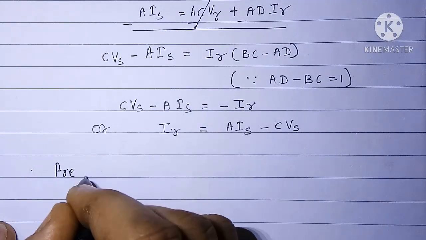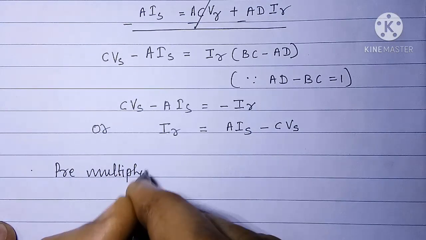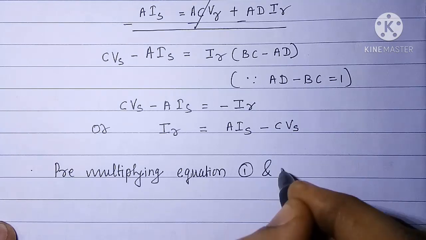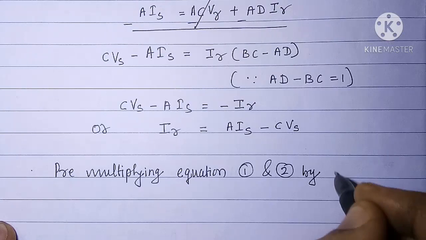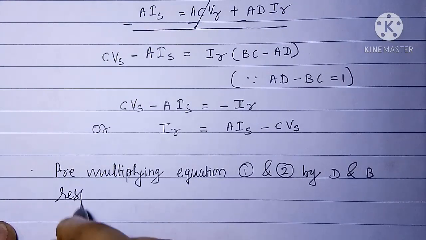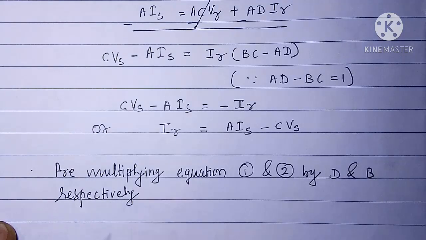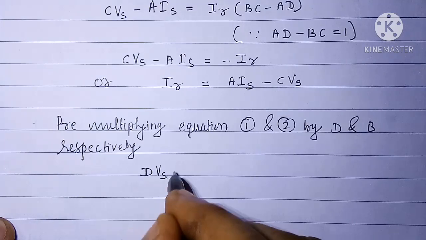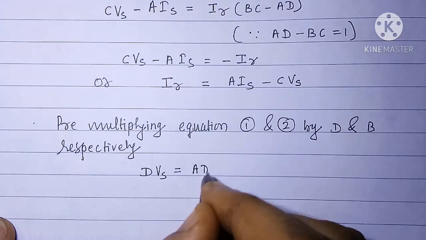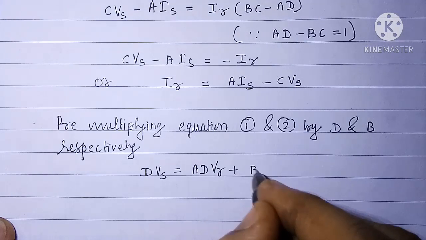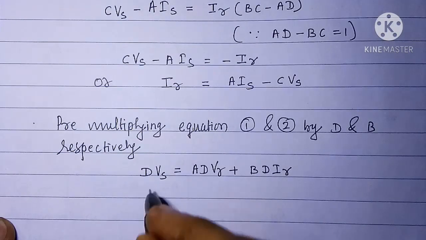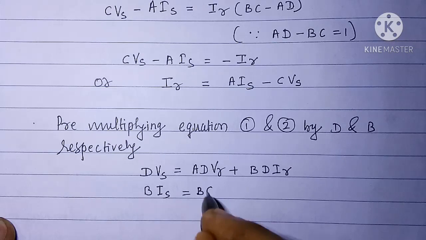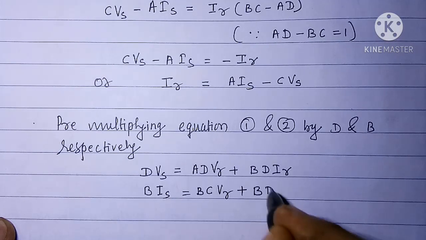Now, pre-multiplying equations 1 and 2 by D and B respectively, we get D into Vs equal to AD into VR plus BD into IR, B into Is equal to BC into VR plus BD into IR.